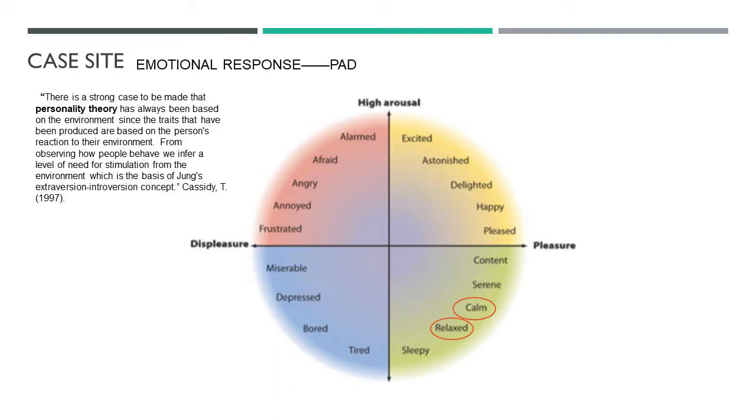There is a strong case to make that personality theory has always been based on the environment, since the traits that have been produced are based on the person's reaction to their environment. So it's found that the users' emotions are in a relatively calm and relaxed state, and most of the behaviors that occur are individual, such as listening to music, reading books, playing with mobile phones, eating, sitting, making phone calls. Very few are talking.